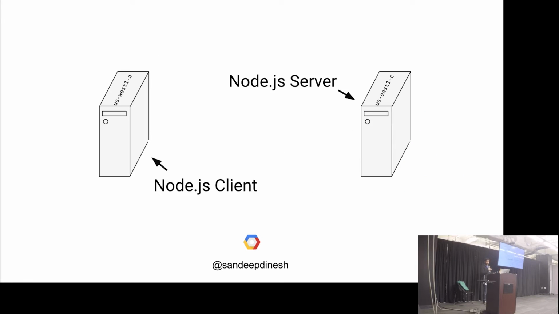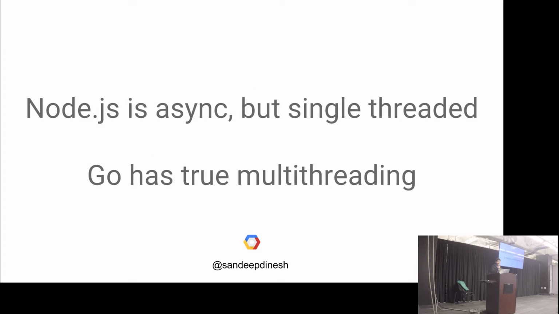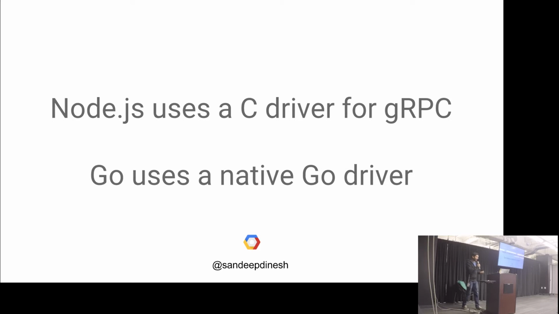Yeah, okay. So what I did is I made a Node.js server and a Node.js client, and I said, people are not going to like Node.js. I like Node.js, but people say Node.js is async, but it's single-threaded. You're not using the computer to its full potential. But this language called Go, everyone likes Go. It has true multi-threading, right? And Node.js uses a C driver for gRPC, so right now it's not a native driver.